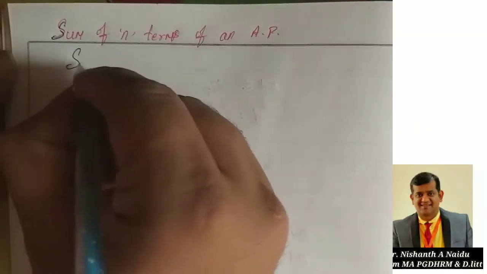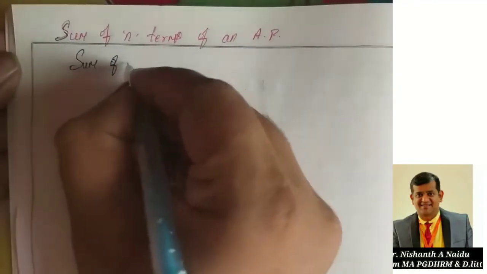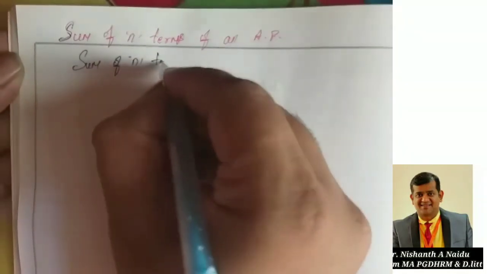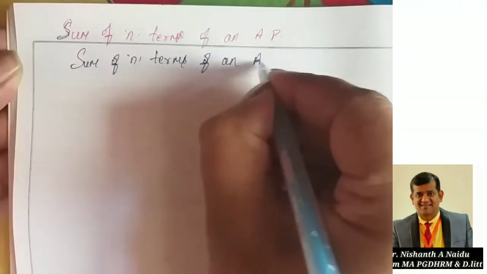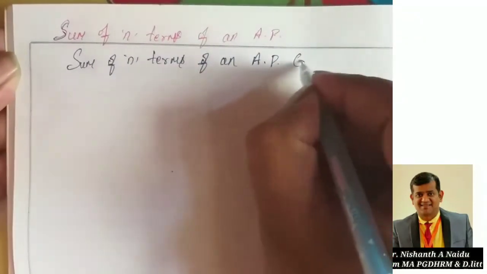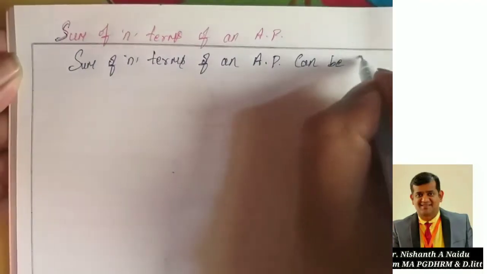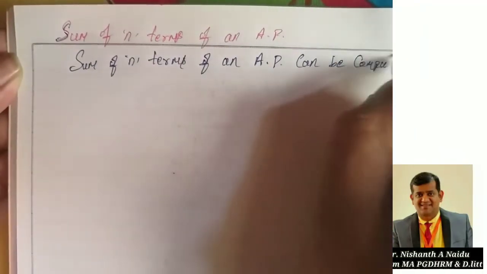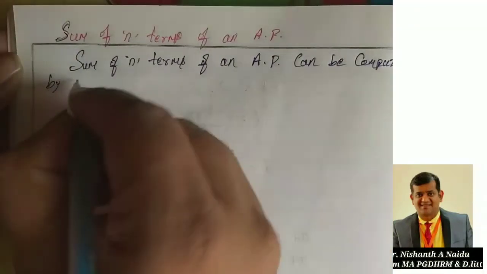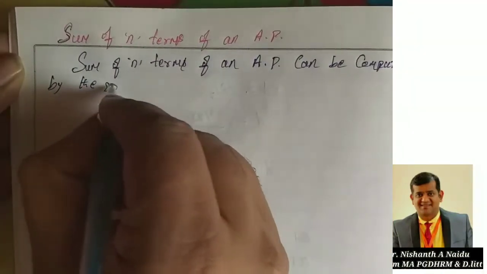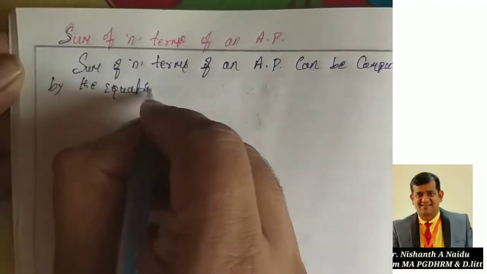So here the sum of n terms of an AP can be computed by the equation. So what is that equation?